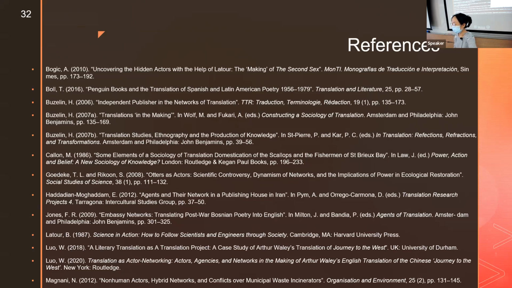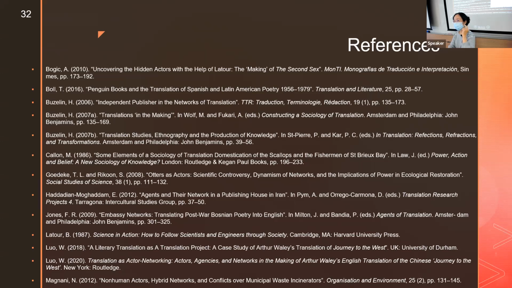You touched upon that. They're very often looked at as very static in translation studies, but in your particular case study, how exactly did the non-human actors influence the whole translation?